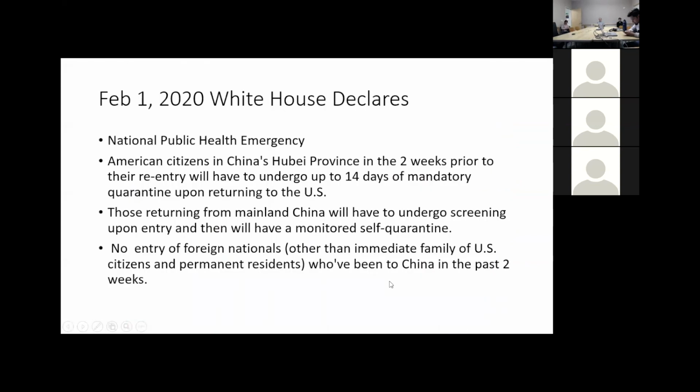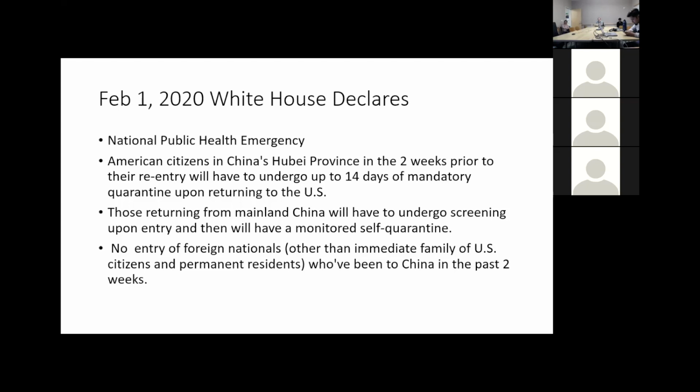So in February 2020, the White House declared COVID-19 a national public health emergency. And American citizens in the Hubei province, in the 2 weeks prior to their re-entry into the United States, were then required to undergo 14 days of mandatory quarantine upon returning to the United States.